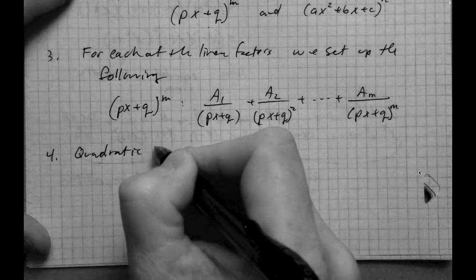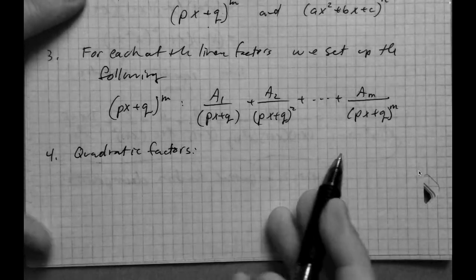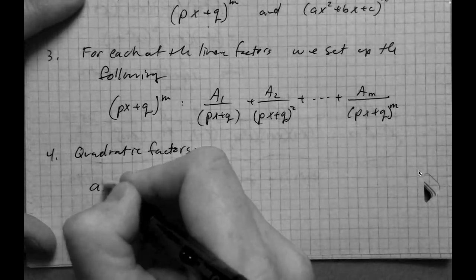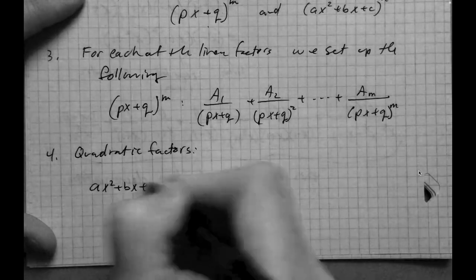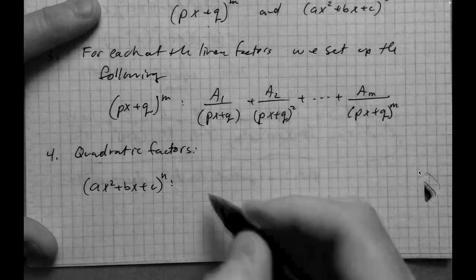Basically the same setup, except we actually have 2 constants that we need to identify. So if I have ax squared plus bx plus c, and maybe that's the nth power, then I need to set up the following.